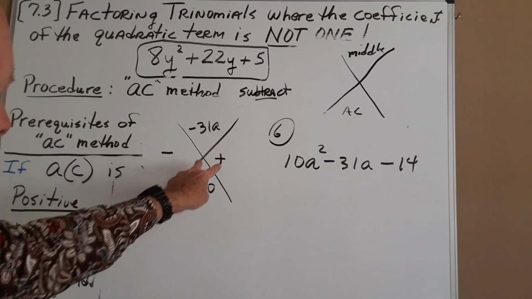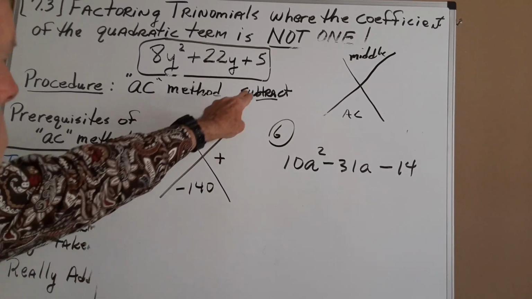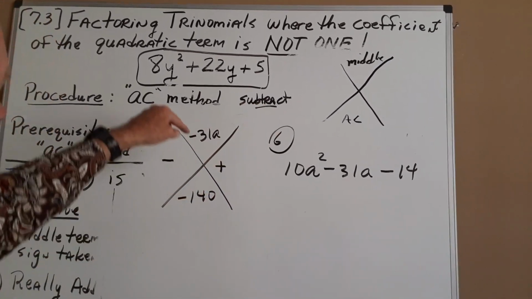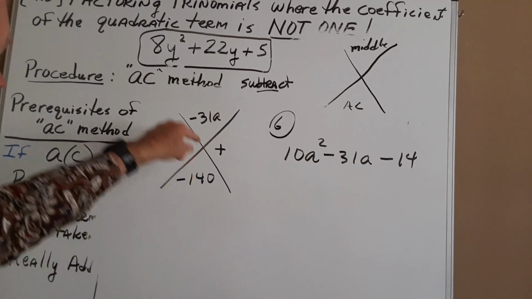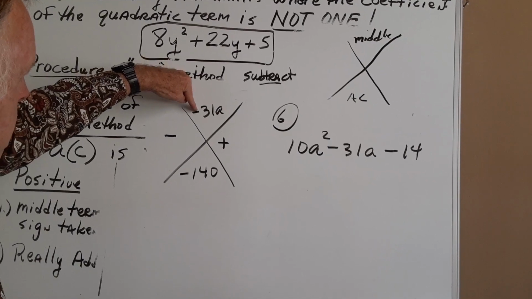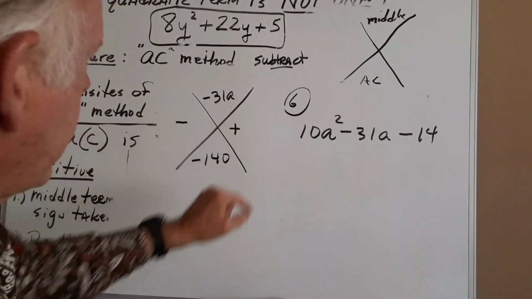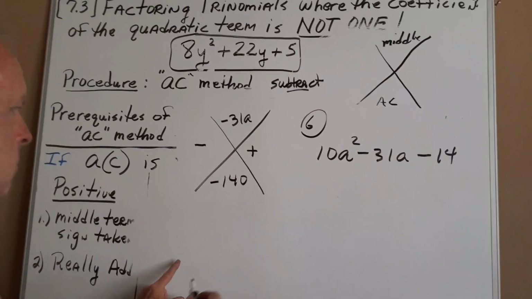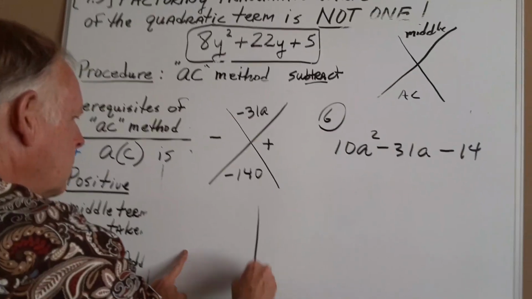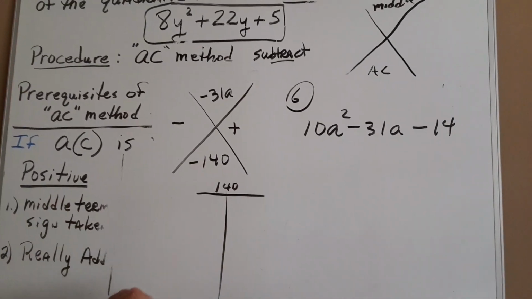When we come up with the two factors of 140 that when subtracted from one another give us 31, the bigger factor is going to get the sign of the middle. So the bigger number is going to go here, and the smaller factor is going to go there. Like we have shown before, you can make a chart and title it 140.